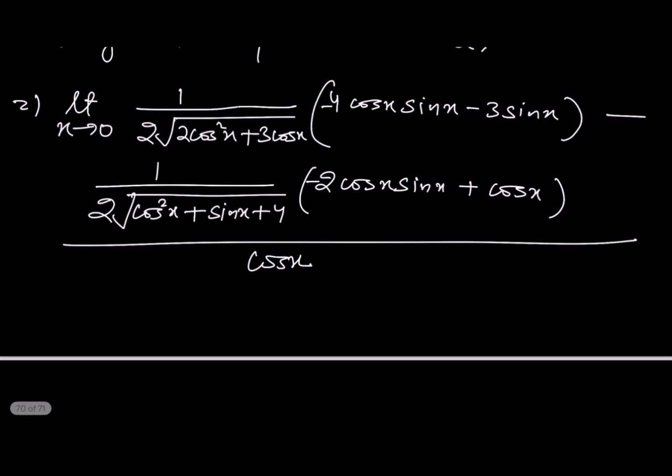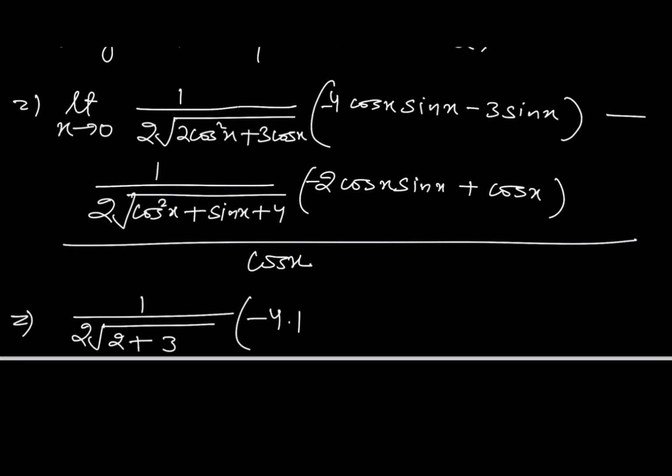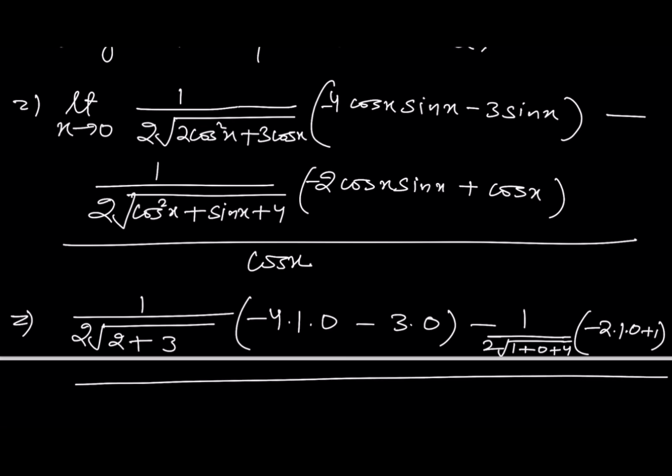Now if I put the limit, then it will become 1 upon 2 root over 2 cos square 0, which is 2, plus 3 cos 0, which is 3, times minus 4 cos 0 is 1, sin 0 is 0, minus 3 into 0, minus 1 upon 2 root over cos square 0 is 1 plus sin 0 is 0 plus 4, times minus 2 into 1 into 0 plus 1, upon cos 0 is 1.